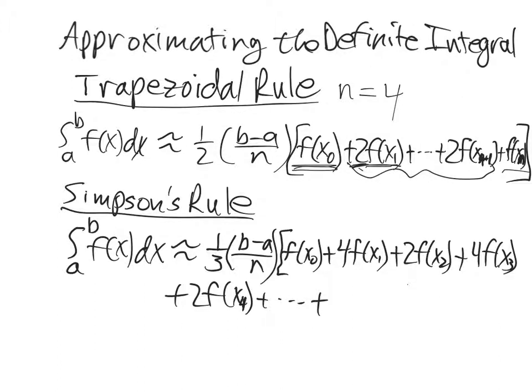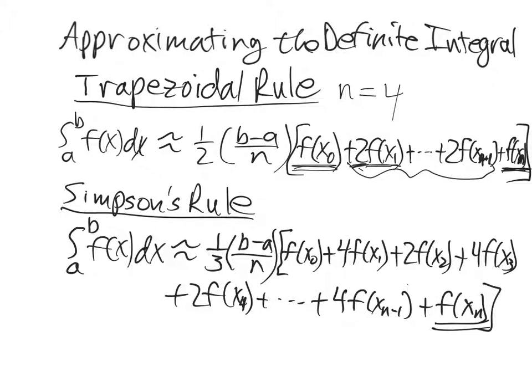Then the second to last one will have the coefficient of 4 times that function value, and then again back to just 1 on the very last one. Same thing with f of x sub n on the trapezoidal rule. F of x sub n on Simpson's rule, we only use 1 times that last one.